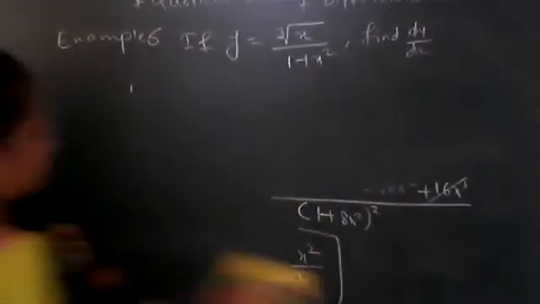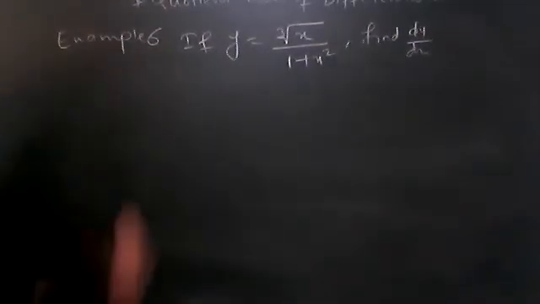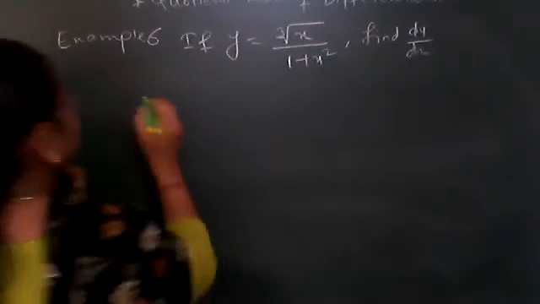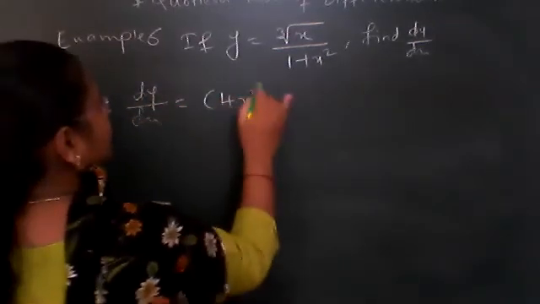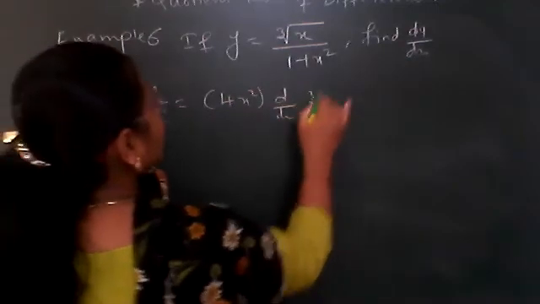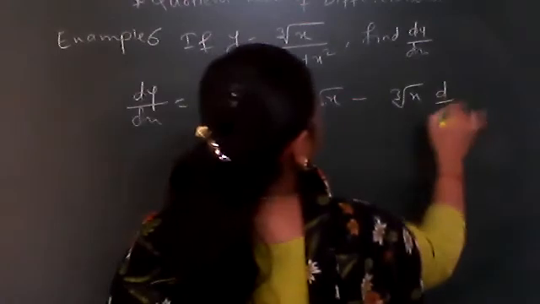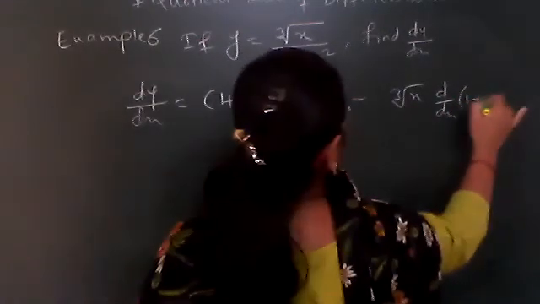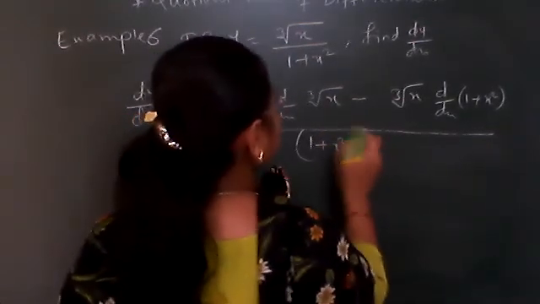So now what will the derivative be? dy by dx is the second function constant, derivative of cube root of x, minus cube root of x as it is, derivative of the second function 1 plus x square, whole thing divided by 1 plus x square whole square.